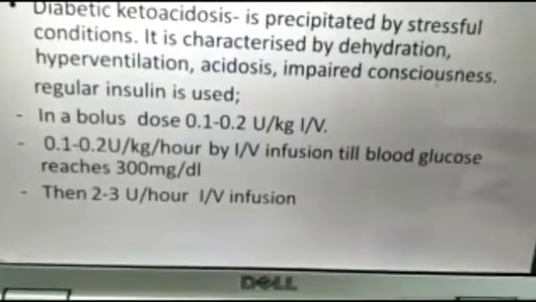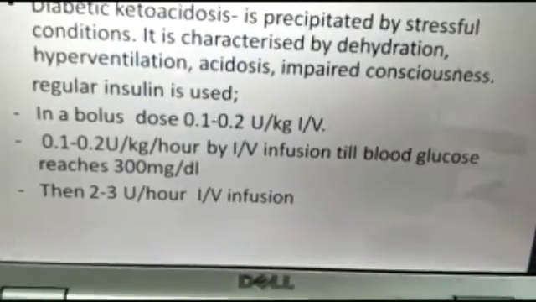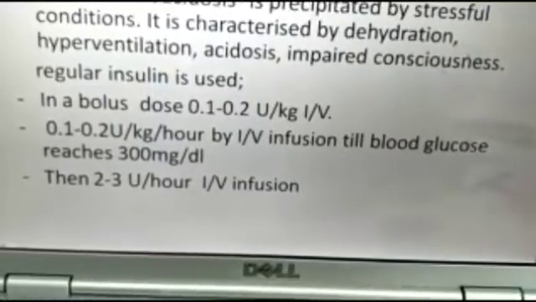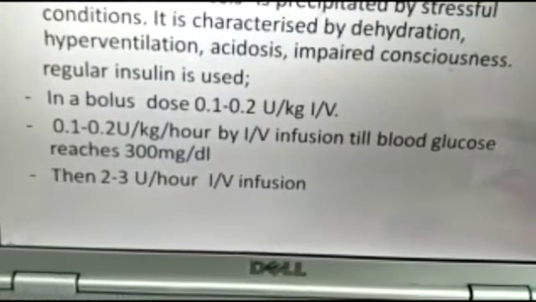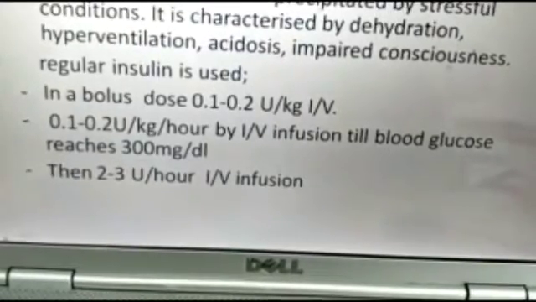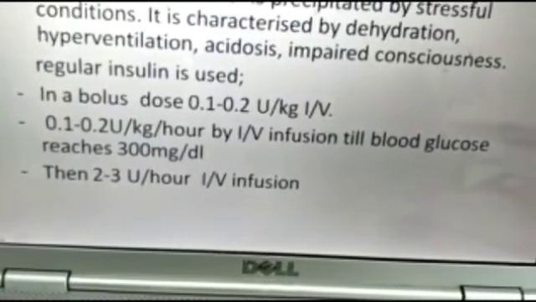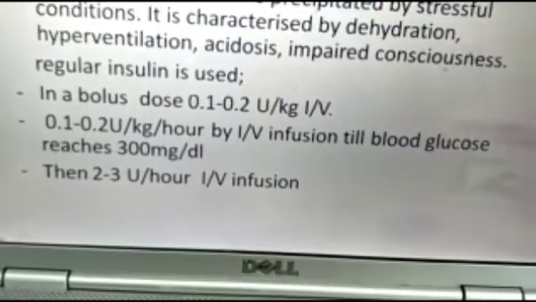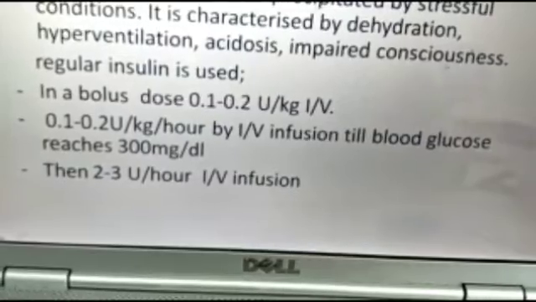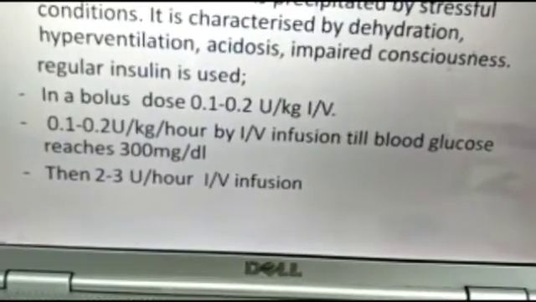So for a 70 kg adult, roughly the dose will be 7 to 14 units. Then we give an intravenous infusion of 0.1 to 0.2 units per kg per hour, and it is continued for a few hours till the blood glucose levels reach 300 milligrams per deciliter.